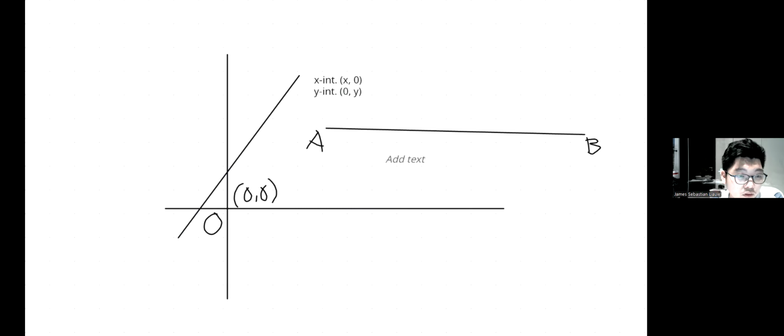We will define the midpoint as the point right in the middle of A and B, which would be, in other words, defined as the average of the x coordinates of A and B as the x coordinate of this midpoint, and the y coordinate is basically the same.